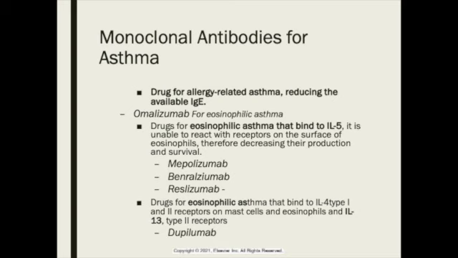So this drug works by combining with free IgE, and it reduces the available IgE that binds to receptors on the surface of mast cells. And if we can do this, we decrease mast cell activation, which will decrease airway bronchospasms, inflammation, and the allergy-related type asthma symptoms.